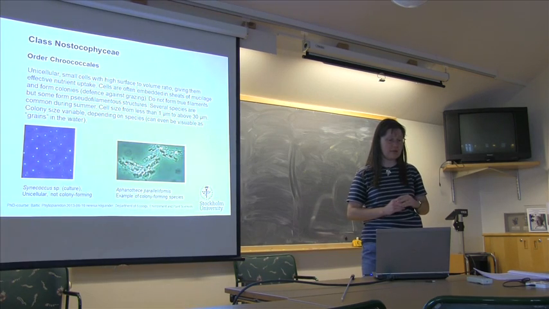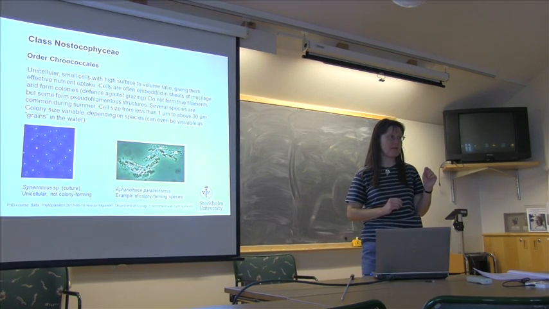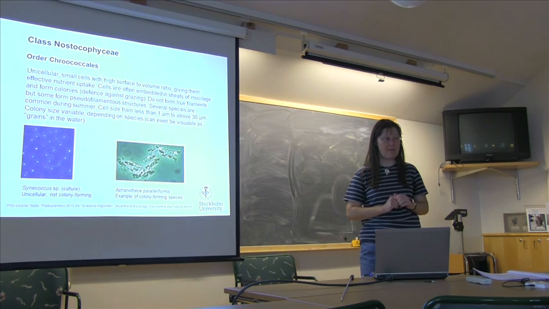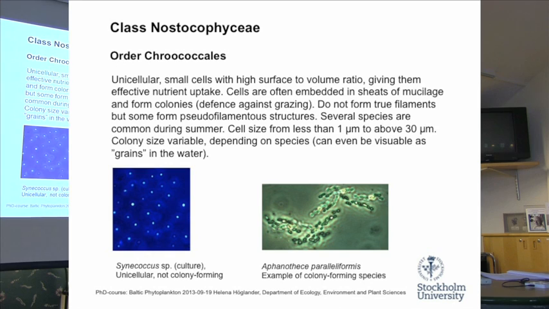They are unicellular and very small, usually less than 1 micron, or between 1 and 2 microns. Due to that, they have very effective nutrient uptake. They are abundant during summertime, and they can take up nutrients that other phytoplankton are leaking.